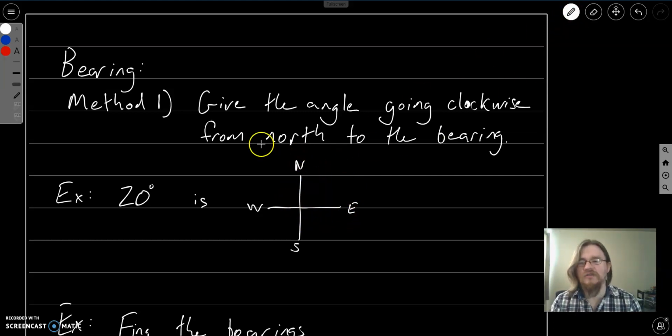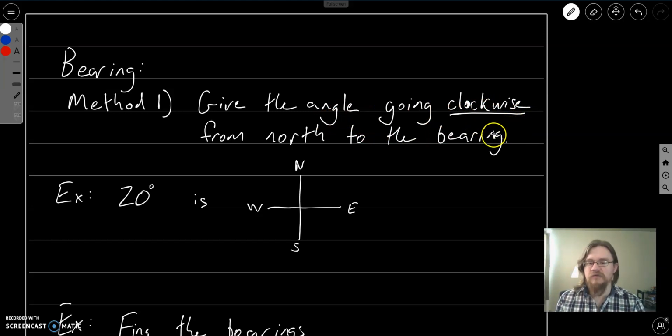Well, there are 2 ways to describe the exact direction that you're moving in. The first one is just to give the angle going clockwise from north to the direction of our bearing. This is a little bit different because we're going clockwise rather than counterclockwise as for a lot of things. This is just something that we'll have to remember. So for instance, 20 degrees, we're going to form an angle going clockwise from north.